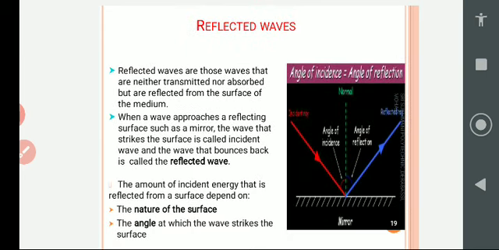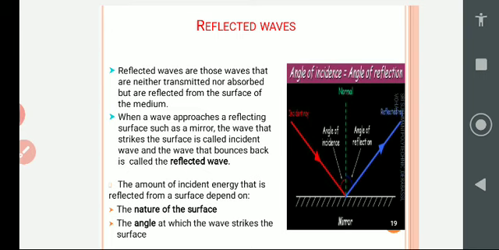So, a particular incident ray, if we want it to be converted into reflected light: the reflected light are those waves that are neither transmitted nor absorbed but are reflected from the surface of the medium.